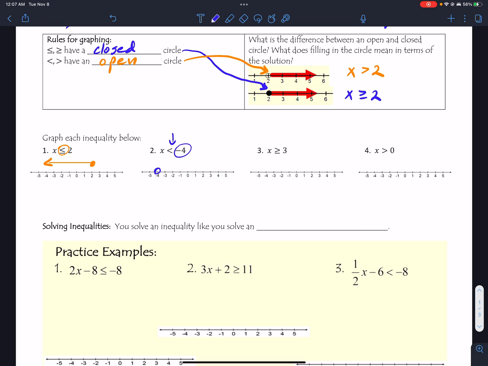I've seen students that just do an arrow and make it bold enough. I've seen students float the arrow just a little bit above. That's fine too. Any number of possibilities here. But it does need to be an open circle, it cannot be closed, and the arrow does need to go left because it's less than.